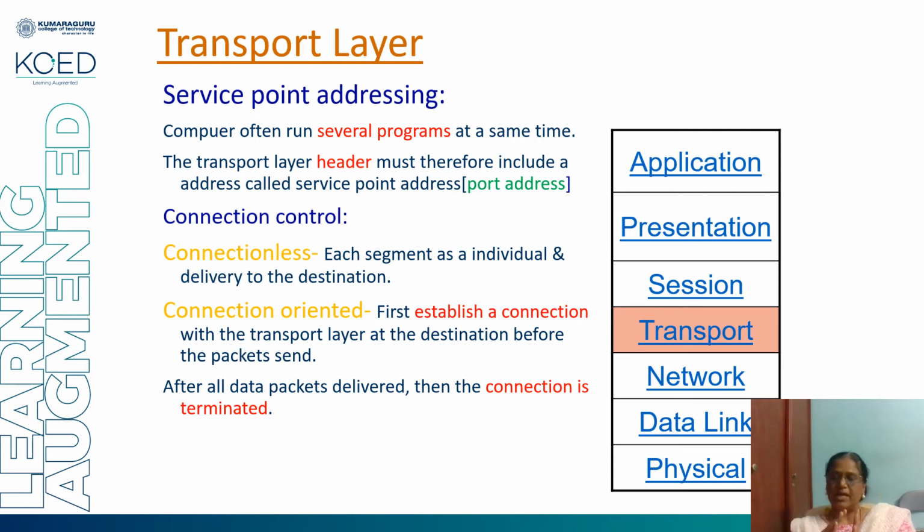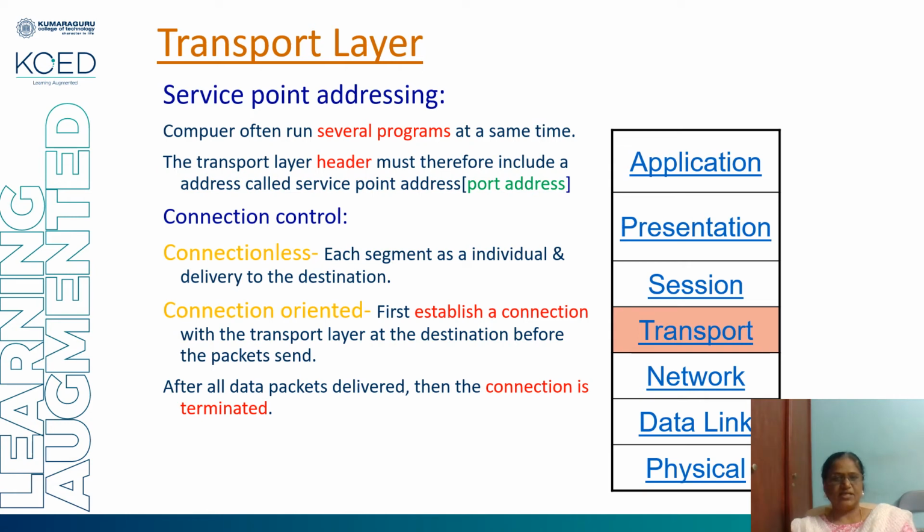So naturally the error control and flow control in the data link layer deal with links, whereas the transport layer deals with error control and flow control between the sender and receiver. That's the difference. I repeat, data link layer error control and flow control deal with the link, and the transport layer deals between the end systems, the sender and receiver.